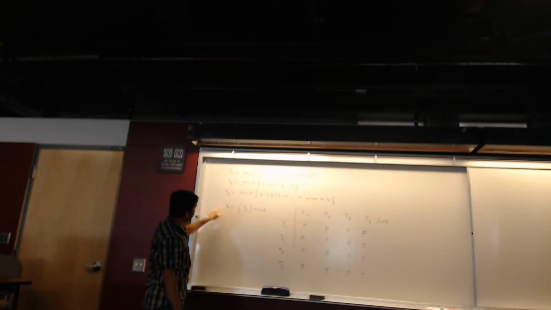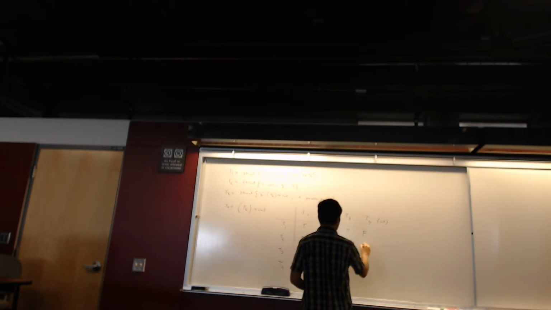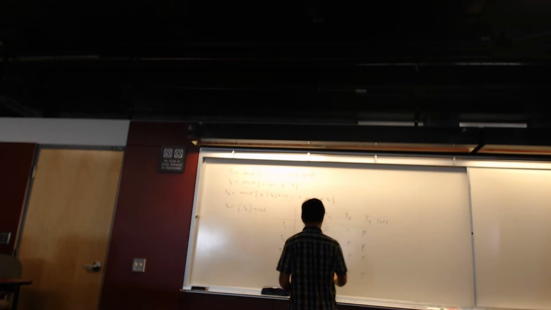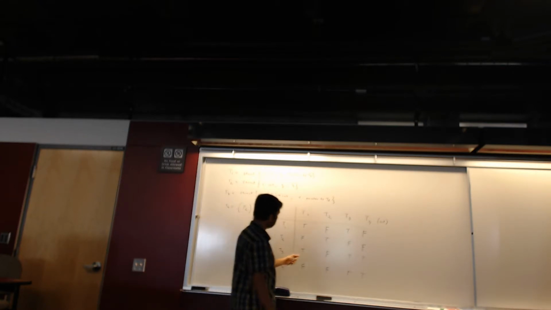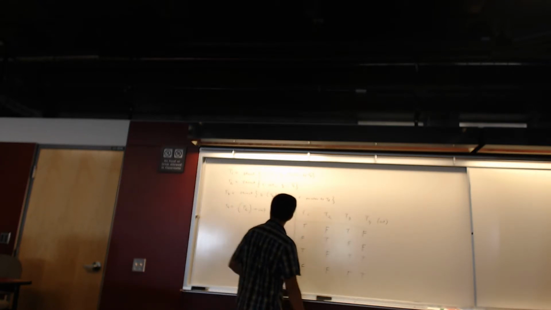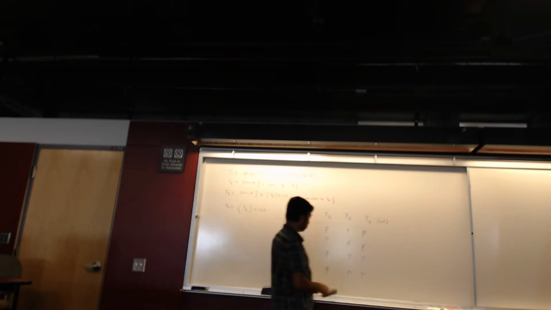T2 is a struct, T4 is a function. No. So T2, T4 is also false, and T4, T2 is false too. Then T3, T2 we have already checked. T3, T3 we don't need to check. T3 and T4: T3 is a structure, T4 is a function. So this is also false.